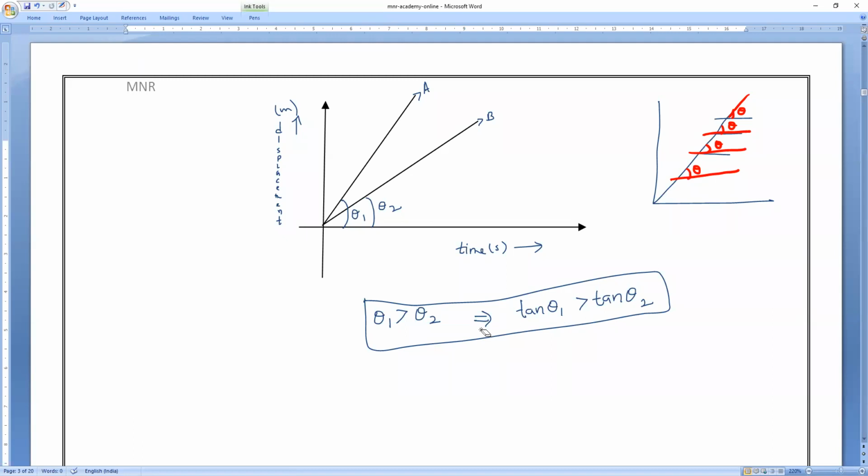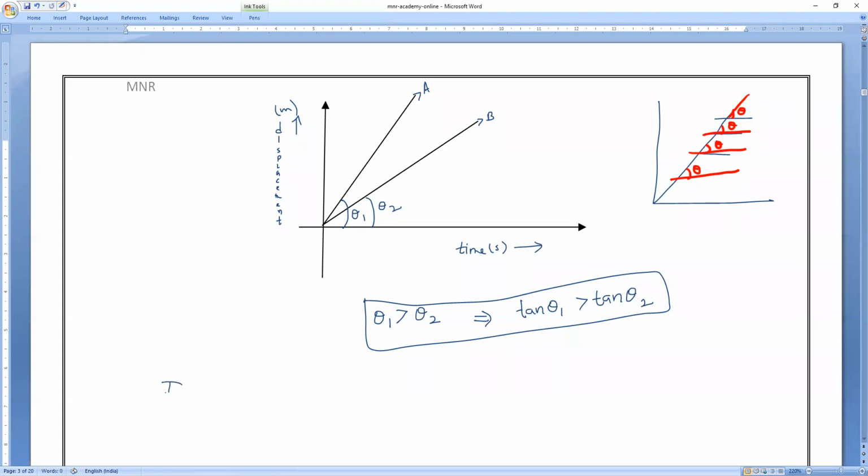Now you observe very carefully. I will make all of you observe. If theta 1 is greater than theta 2, be very careful. We will solve the numericals also. By this time you understand. If theta is greater, slope is greater. Do you understand? The larger the angle, larger will be the slope and velocity will be larger. That is what you have to remember.